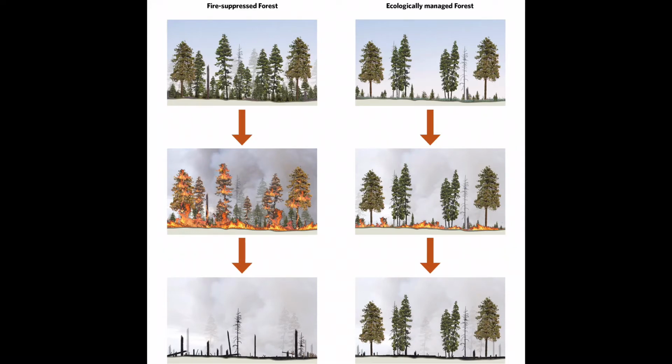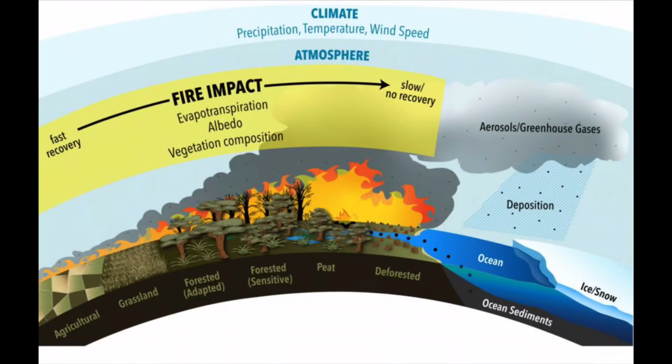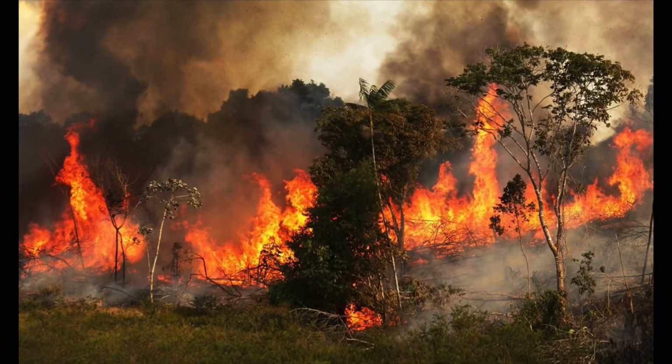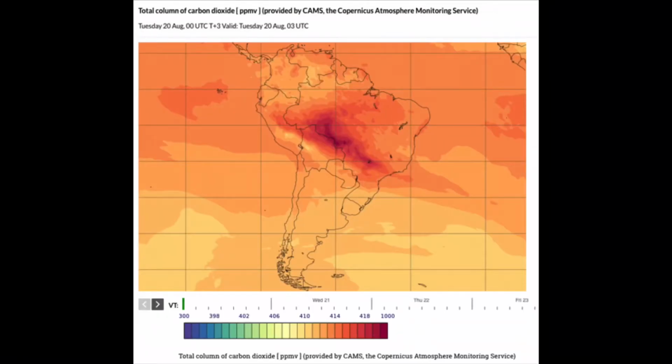That's part of the reason why naturally occurring wildfires and prescribed burns, especially out here in the West, are so important to maintain lower fuel loads and try to mitigate any sort of massive carbon release like what we saw in the Amazon rainforest last year.